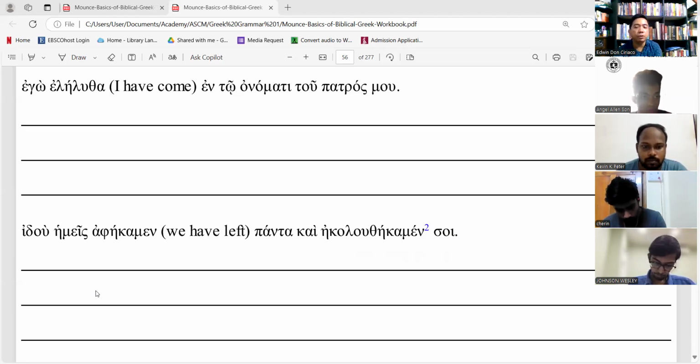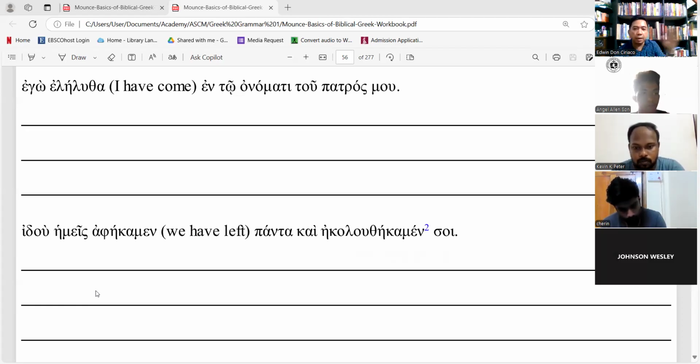But of course you could simply translate it as I have come, no? Allen, because the eleluta already has the I have. So it's just that the ego is the one doing the action. But there's nothing wrong with I myself have come in the name of my Father. There's nothing wrong with that.